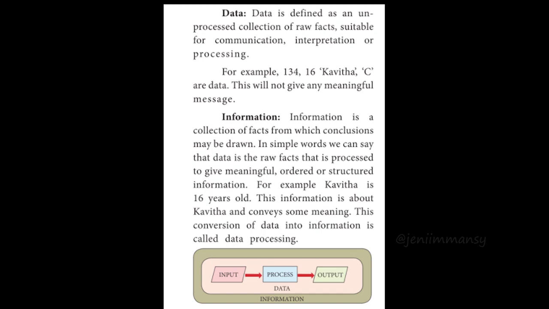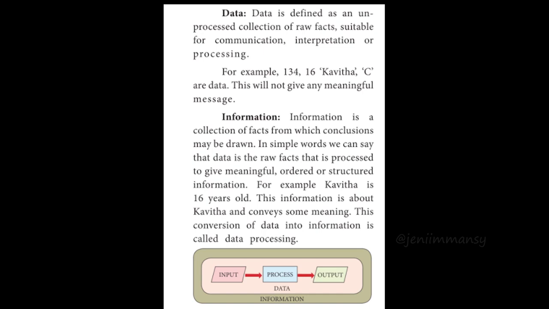Data means you can say a name, Jenny, or one, a roll number, or any age, like that. Any unprocessed data, just a name or just a number. And information means it is like, my name is Jenny. If there is a whole information or a collection of facts from where you can come to a conclusion, we'll say it as information. Okay.